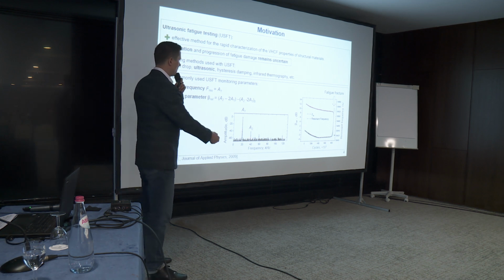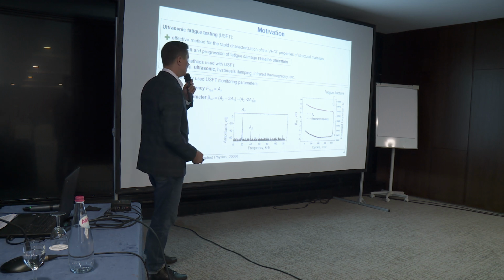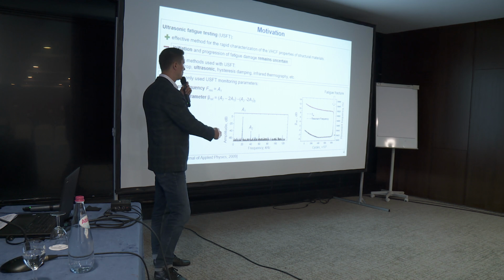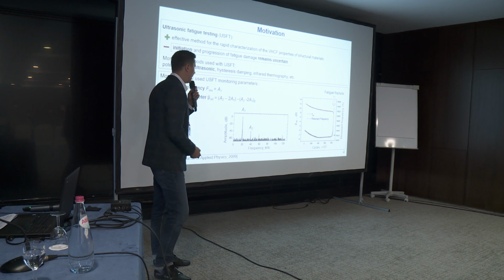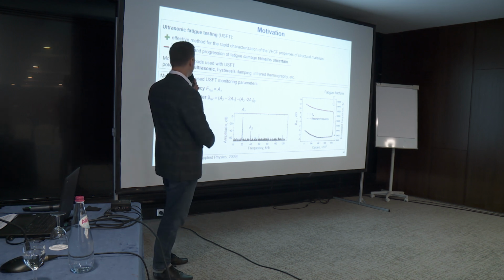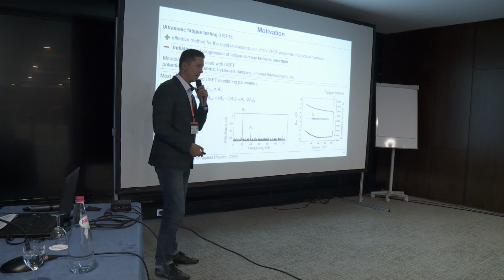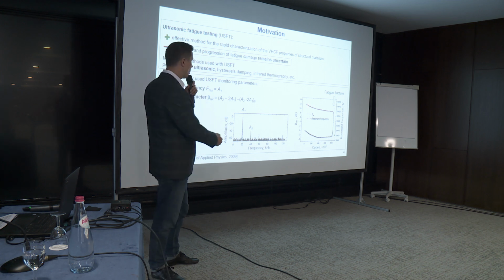As you can see on this graph, near the fatigue failure our frequency drops down drastically, and our nonlinear parameter goes the other way around. It goes up. So the question is, what happens here?